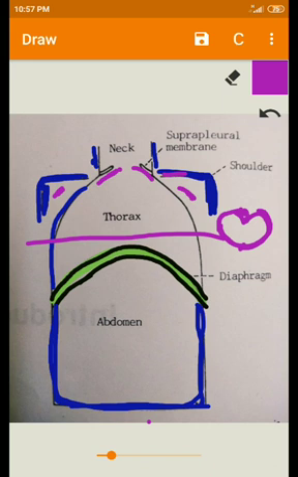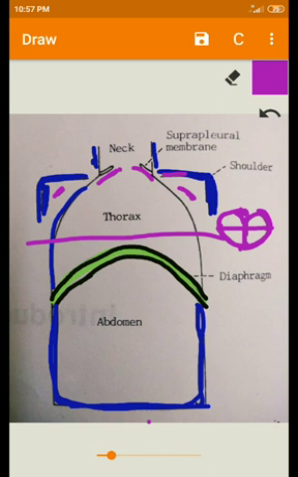It appears kidney shaped, with two diameters. From side to side is called the transverse diameter, and from anterior to posterior is called the antero-posterior diameter.